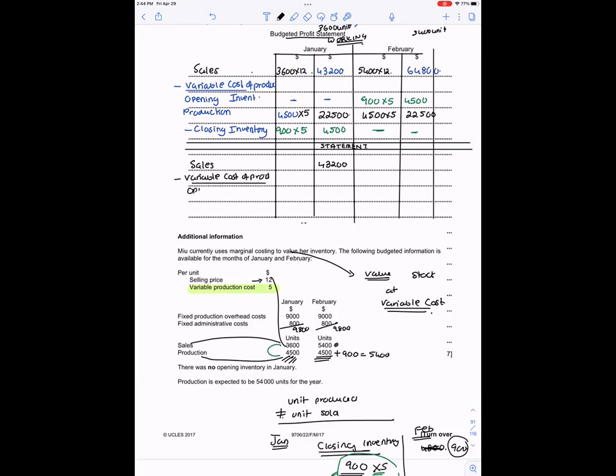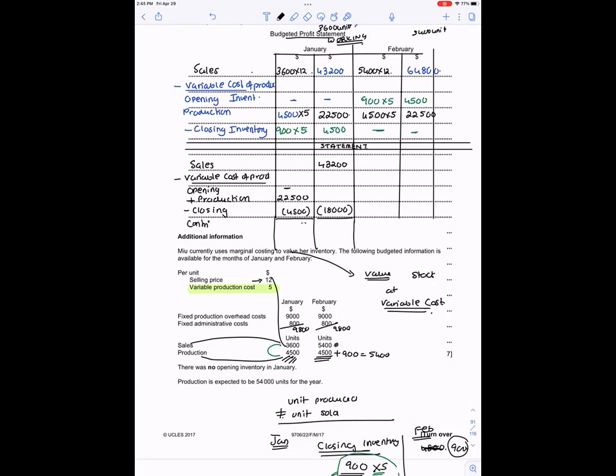This would be opening plus production minus closing. I don't have any opening. My production cost was how much? 22,500. My closing inventory is how much? 4,500. So what is my total variable cost? 18,000.